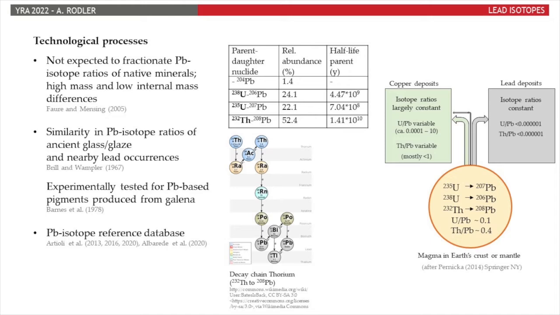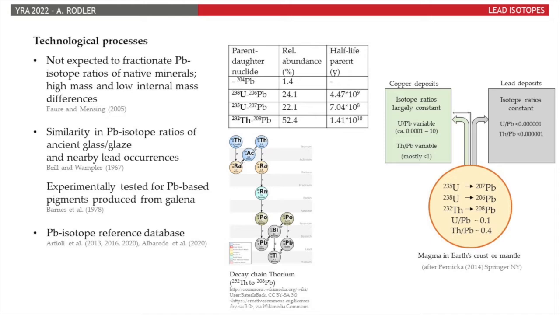There were also experiments to test how similar the lead isotope composition is, or what the difference will be, between galena, so naturally occurring lead minerals, and pigments produced from this galena. And then there's of course also a large body of lead isotope reference databases available that can be compared to. In this way we can find out where the pigment raw materials potentially came from. So we can compare to different mining areas and different regions around the Mediterranean, for example.